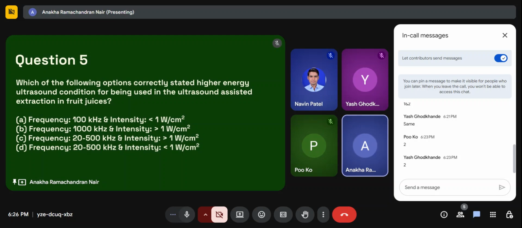Out of these, if you have studied the module a little bit more carefully, this is a theoretical question, right? So you have to remember the exact number.